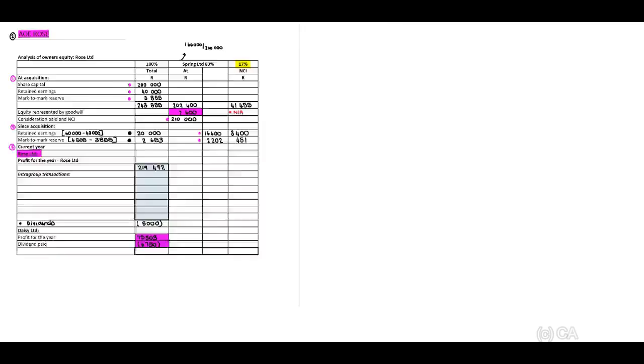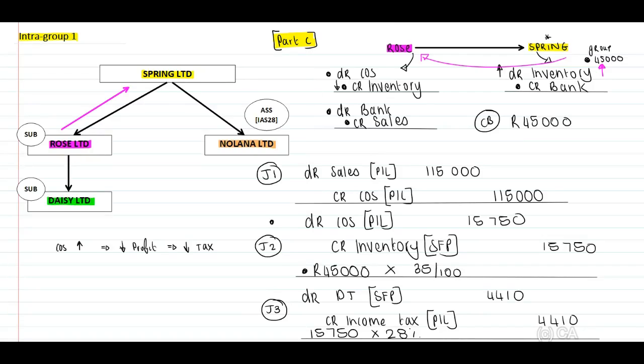Now, when we look at our intra-group transaction number 1, remember Rose, which is the subsidiary, sold to Spring. Upstream, this will have an effect on our analysis of owner's equity of Rose. This will have an effect on the profit in Rose's records. Okay.